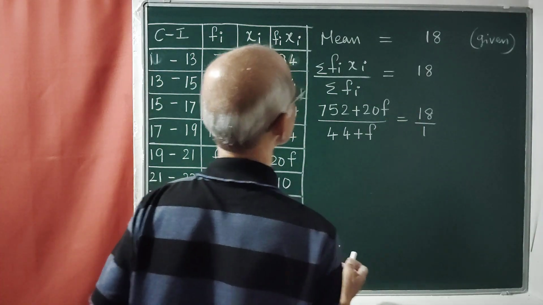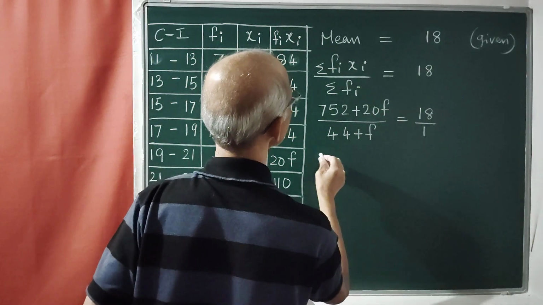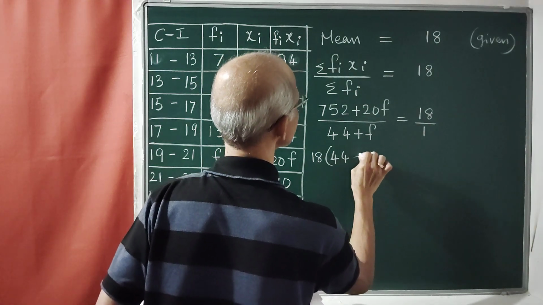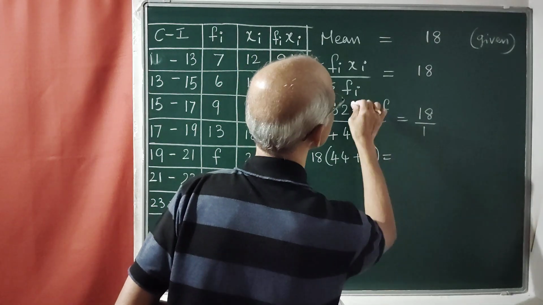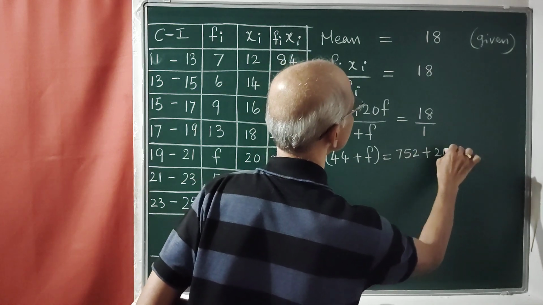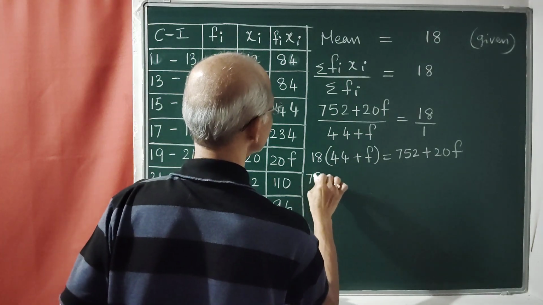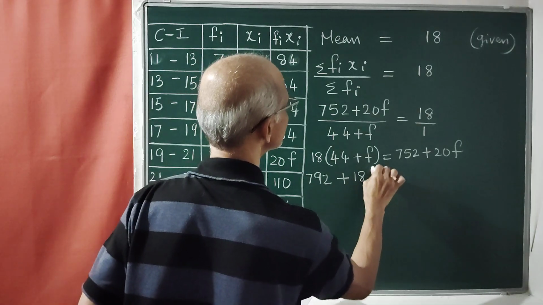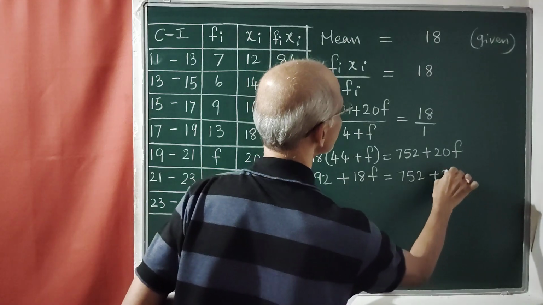Now we will cross multiply this way. So 18 into 44 plus f is equal to 752 plus 20f. You will get 792, 18 into 44 plus 18f is equal to 752 plus 20f.